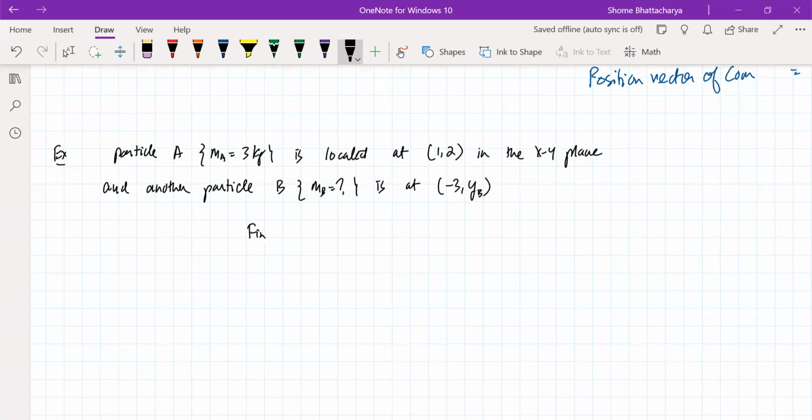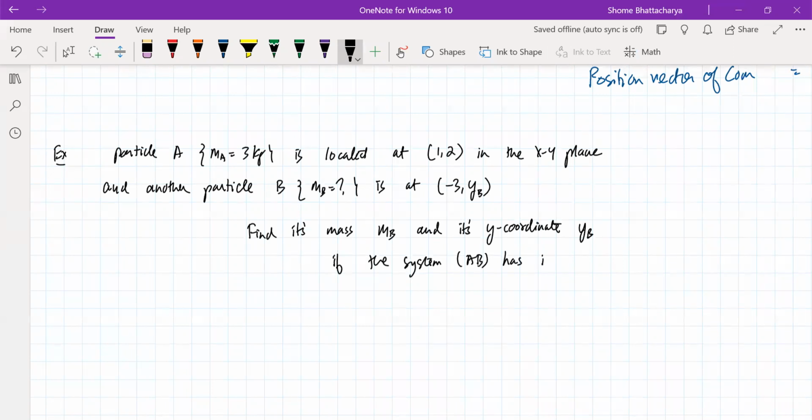So find its mass mb and its y coordinate if the system, that is AB, has its center of mass at the origin O of the xy plane.